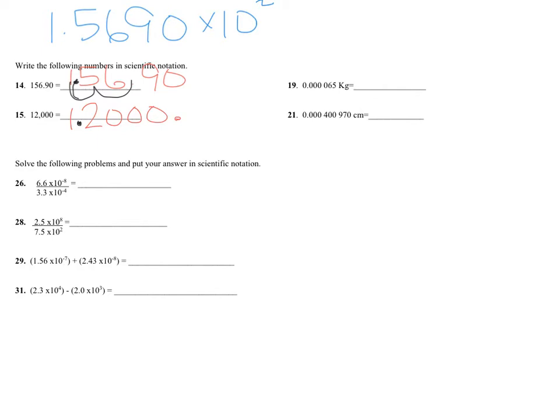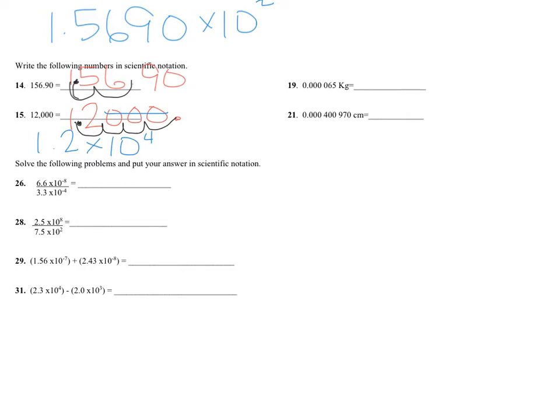So we're actually moving our decimal point 1, 2, 3, 4 spaces. Now when we rewrite that, 1.2, we don't have to write all of these extra zeros because they're not significant figures. So we just stop at 1.2. 1.2 times 10 to the 4th, because we moved it 4 spaces.